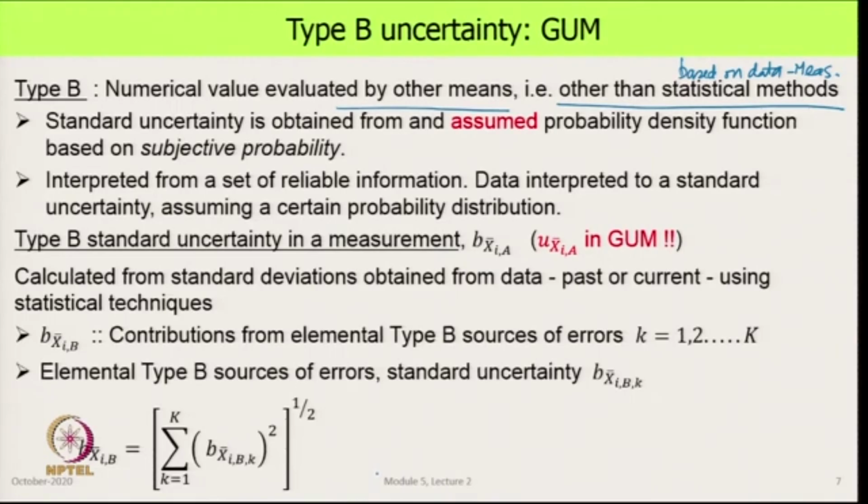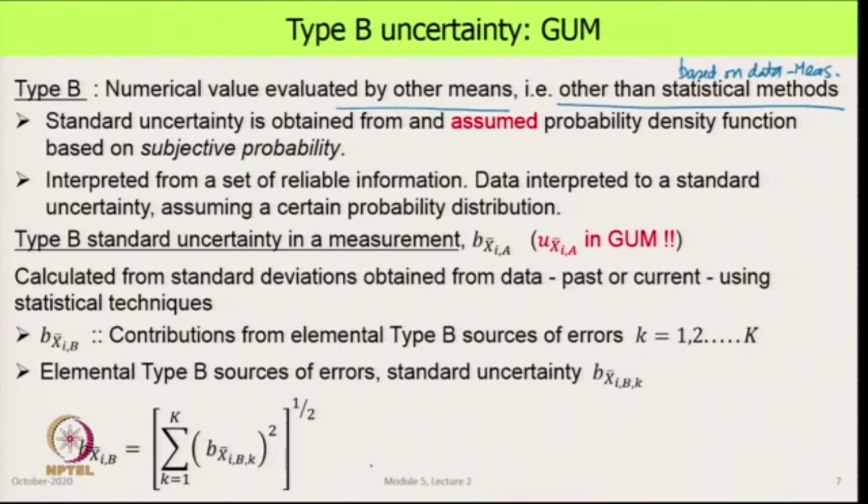So, in the type A case, we actually got some data by doing an experiment and then interpreted the uncertainty value. In type B, we do not do that, and we say I will only look at data that I have or information that I have, and then I will proceed.